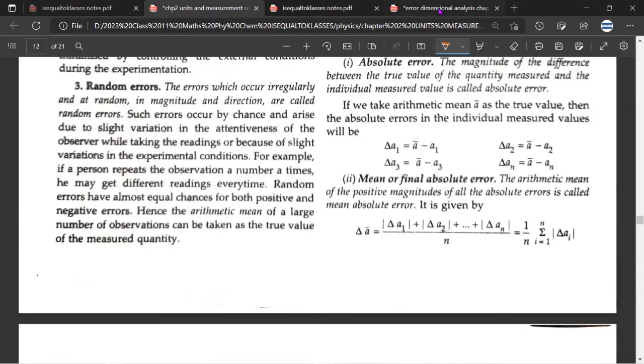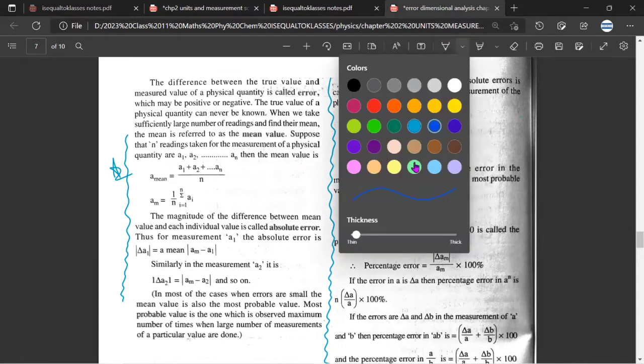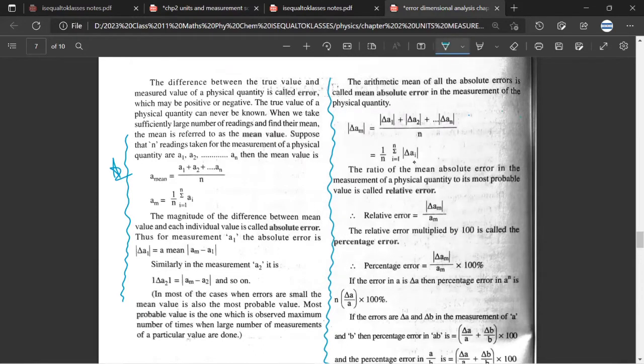Now let us look at the definitions that we will require. It's a pretty simple concept, not much R&D is required. Suppose there are n readings taken for the measurement of a physical quantity, A1, A2 till An, then the mean value is given by this. This is a simple mean that you take. For example, you are taking the time period of a pendulum. You have taken those 5 readings. You add them up.